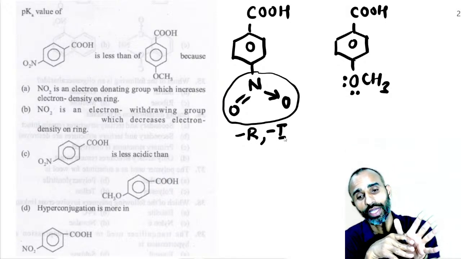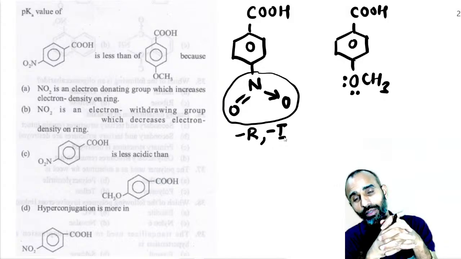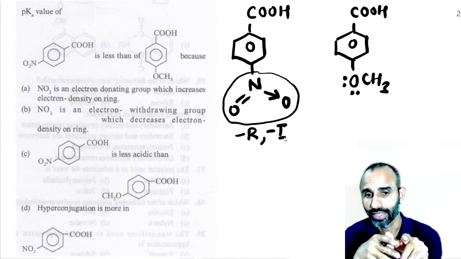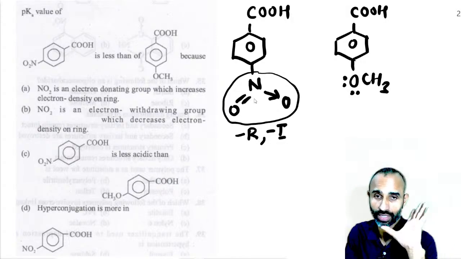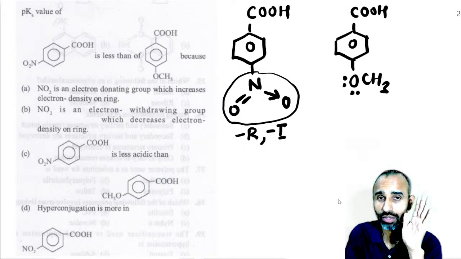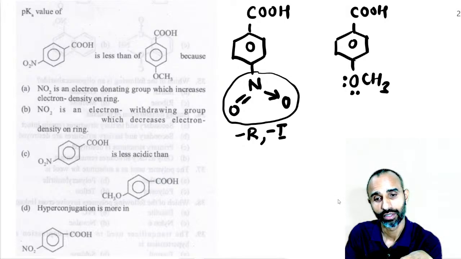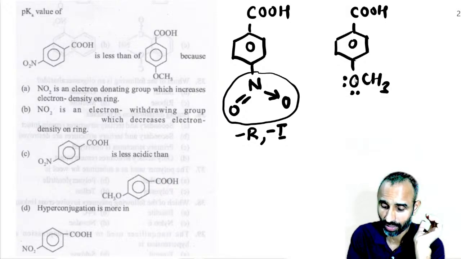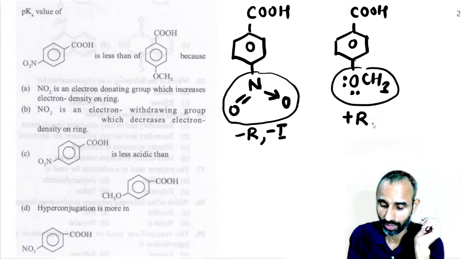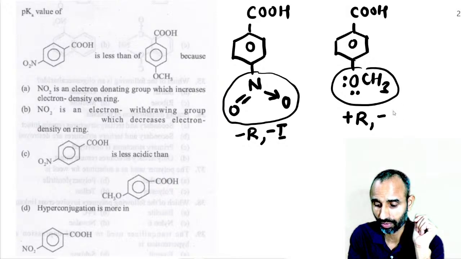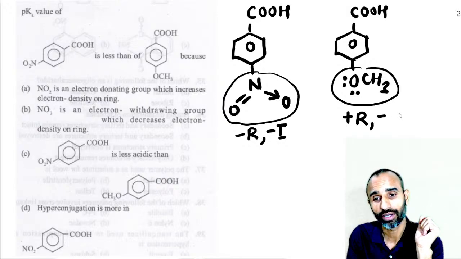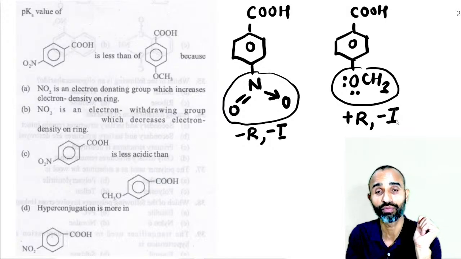Always keep in mind, whenever the atom directly attached to the ring has a pi bond, then that has minus R effect. And as nitrogen is more electronegative than carbon, it has minus I effect. In the methoxy case, due to the presence of lone pair, it has plus R effect, and oxygen being more electronegative than carbon, it has minus I effect.